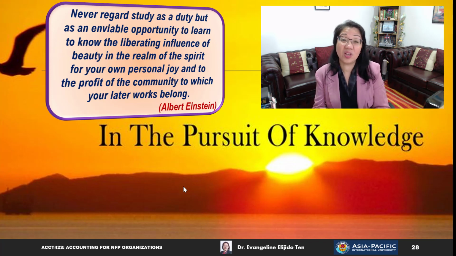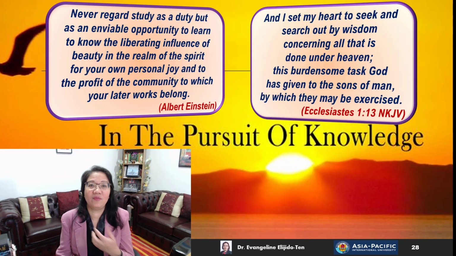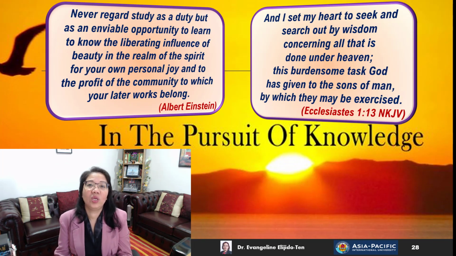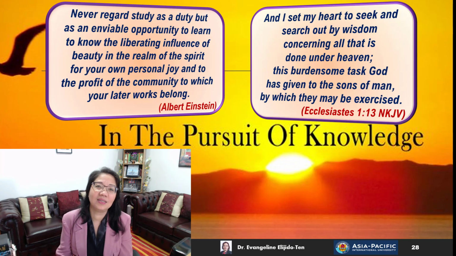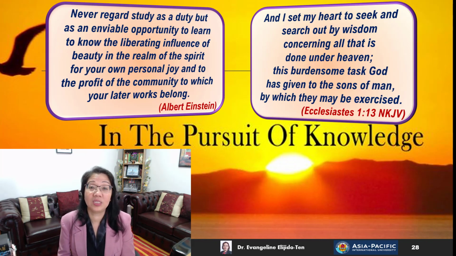And he says, never regard study as a duty, but an opportunity. I've introduced the Bible verse earlier in Ecclesiastes 1 verse 13. Hopefully, we will set our heart to seek and to search out wisdom, and hopefully we will not see this more of a burden, but one of personal joy to contribute to the community.